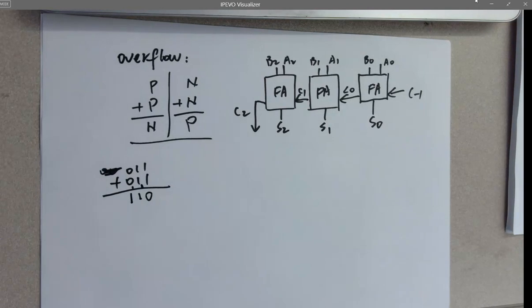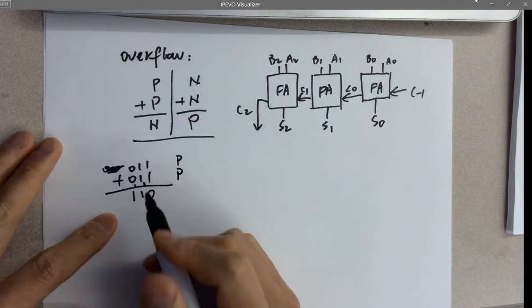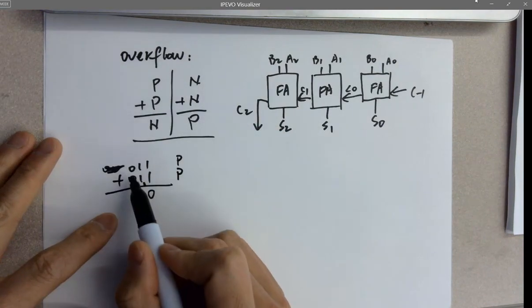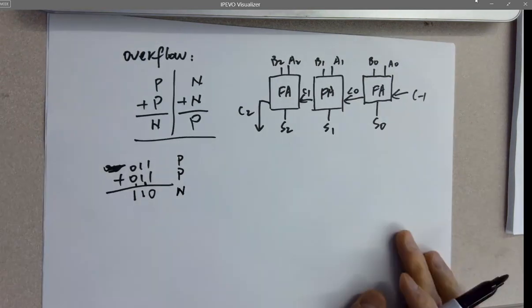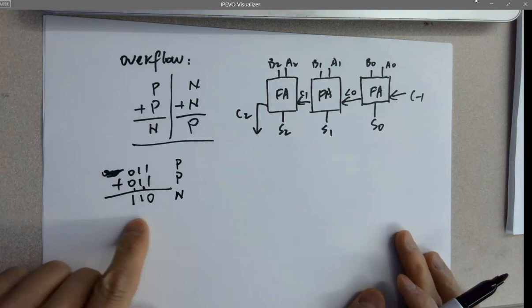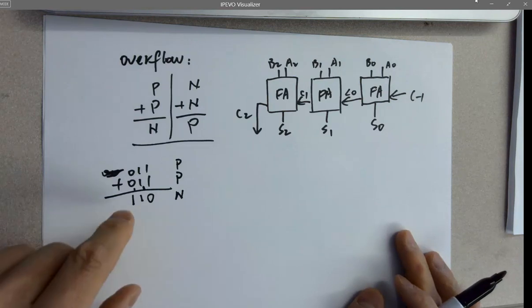So what is C2 here? C2 is 0. And we are getting a positive number plus a positive number, because the MSBs are all zeros. So it's P plus P, and you are getting an N here. For N, we're only looking at S2. If S2 is 1, we consider this a negative number.